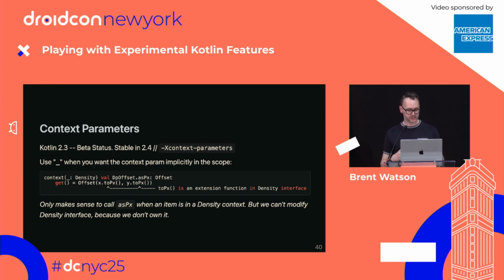I guess the other thing this highlights is a great use of context parameters are cases where you have an extension function, but it feels like I want to extend two things, right? In this case, dp offset and also density, but you can't extend two things in an extension function. But with context parameters, you can force it. So at compile time, you have to have both of those things.